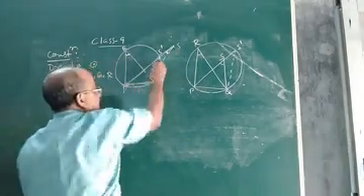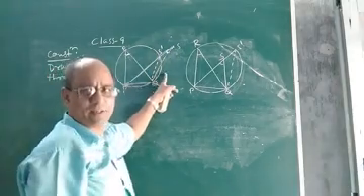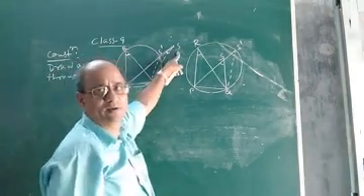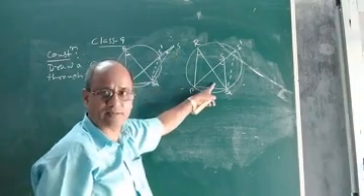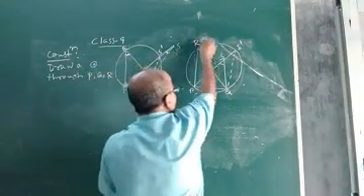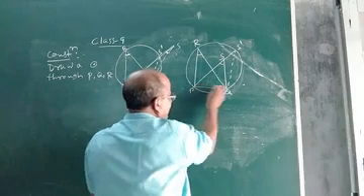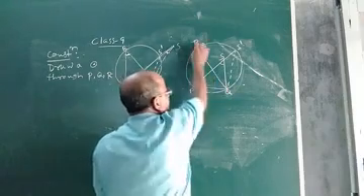Then you join S dash Q. Clearly, in this figure, point S lies outside the circle. Now see the other case. In this case also we have drawn a circle through the 3 non-collinear points P, Q and R.